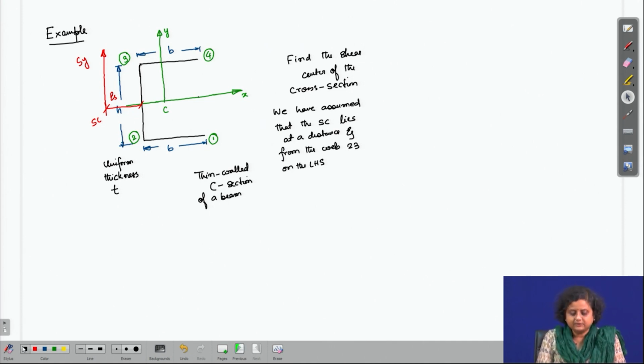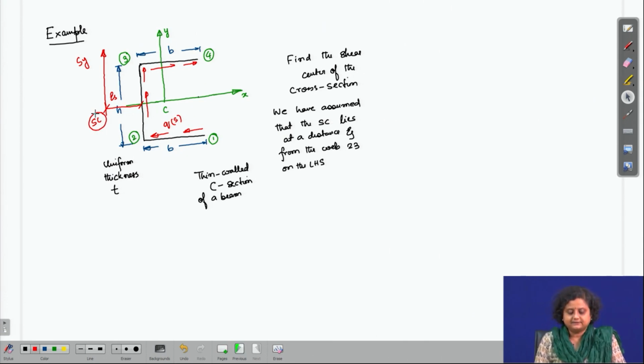Now, because of this Sy, we know that there is going to be a shear flow in the cross section, which we can find out how the shear flow will be distributed. We have discussed this in detail in the last lecture. So, let us call this Qs. Now, if Sy passes through shear center, why is there no torsional moment in the cross section?